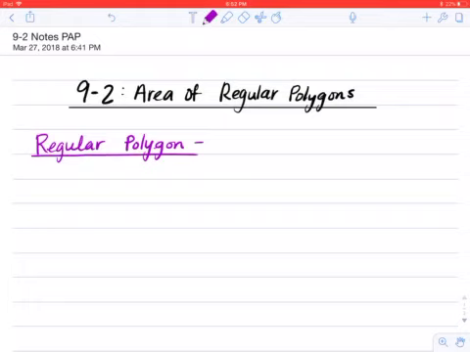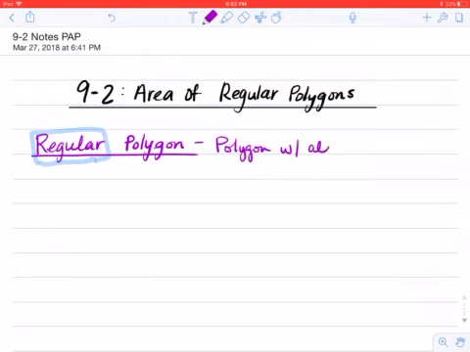So, let's start by talking about regular polygons. What is a regular polygon? A polygon is a shape with all straight lines, no curved surfaces. So 3 or more lines that all connect to form a closed figure. But the regular part means that all the sides are congruent.